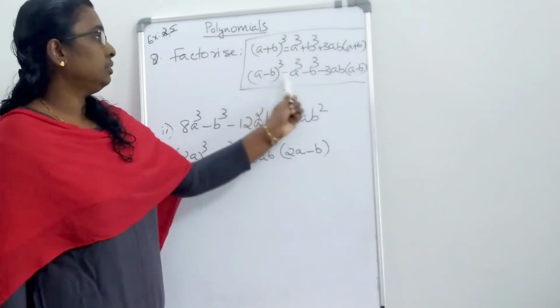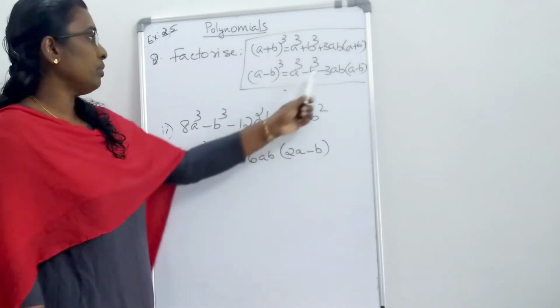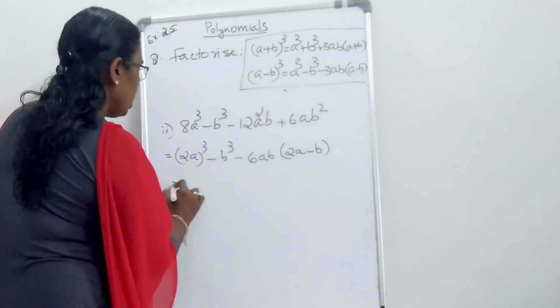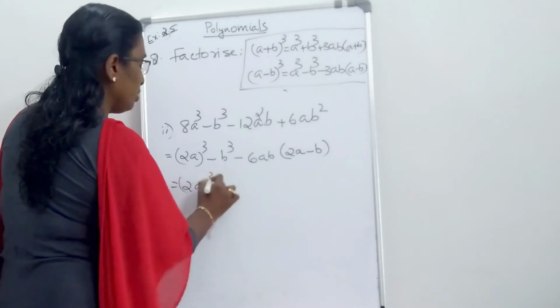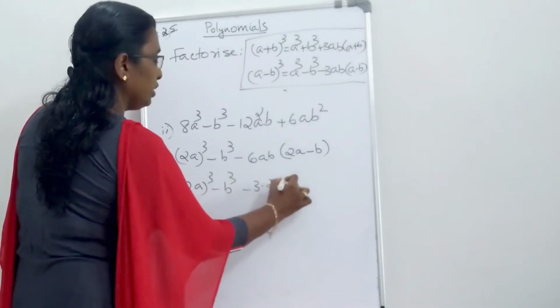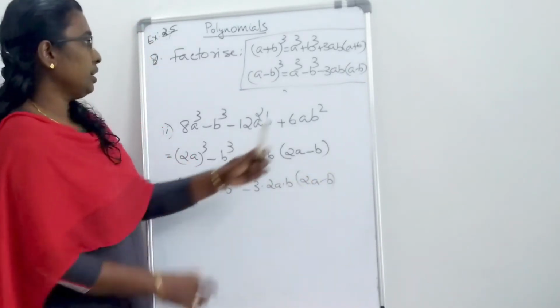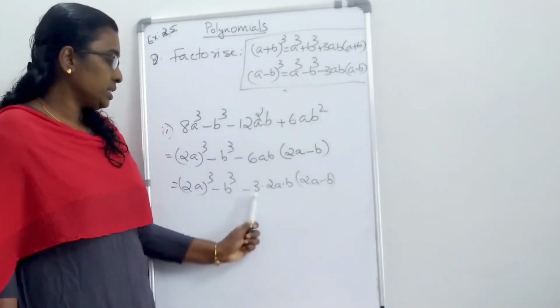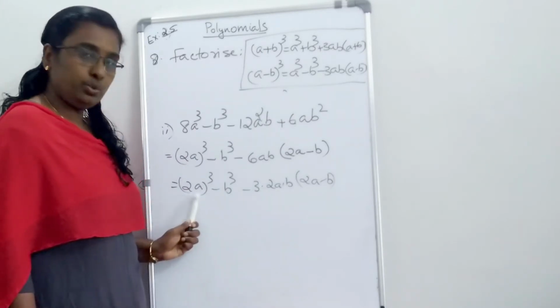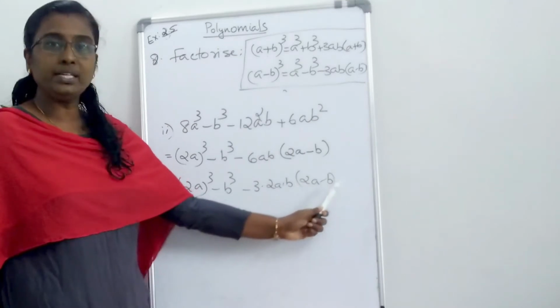Compare this with this one: a cube minus b cube minus 3ab into a minus b equals 2a the whole cube minus b cube minus 3 into 2a into b into 2a minus b. Look here, minus 3 into a, here a is 2a, 2a into b, 3ab into a minus b, 2a minus b.